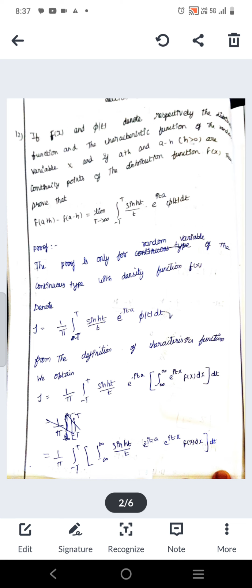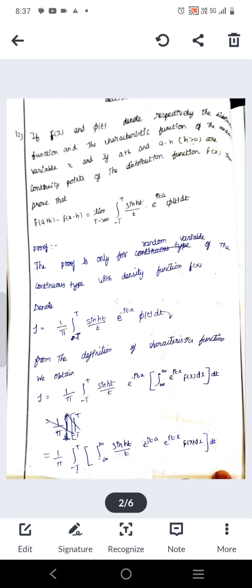Now we already know the definition of the characteristic function. For the continuous type random variable, the characteristic function phi of t is the integral from minus infinity to plus infinity of e power itx f of x dx.